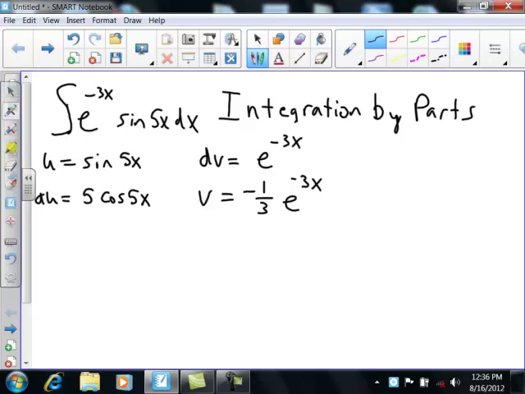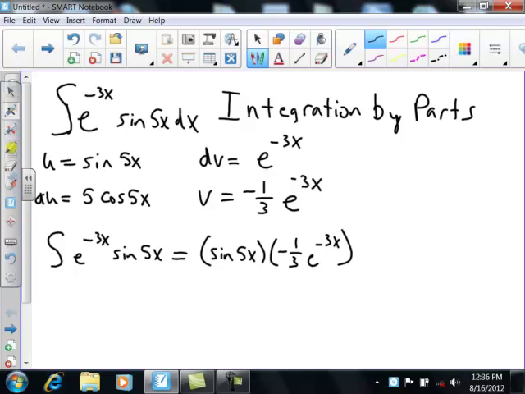All right, I'm going to try to be as nice and neat about this as I can. It's going to get a little ugly here, so bear with me. So I have the integral of e to the negative 3x sine 5x, by definition of integration by parts, is u times v. So for me, that's going to be sine 5x multiplied by negative 1/3 e to the negative 3x.